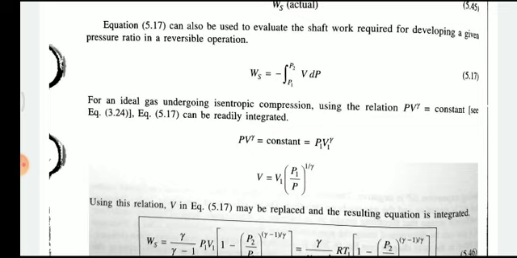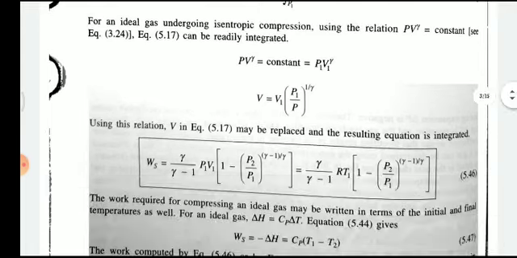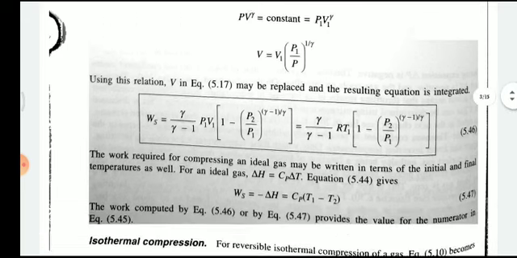Now compare these two. PV raised to gamma is equal to P1 V1 raised to gamma. So V is equal to P1 by P raised to 1 by gamma times V1. Now put this value of V into equation 5.70, and the result is given here.